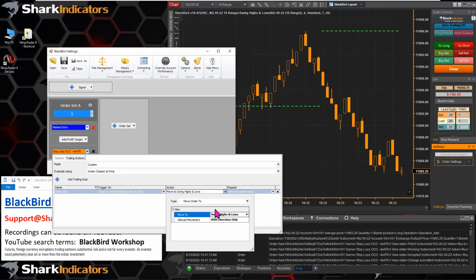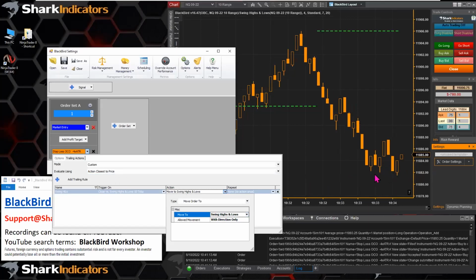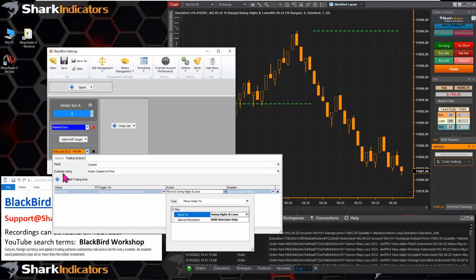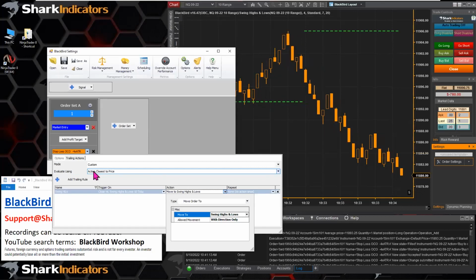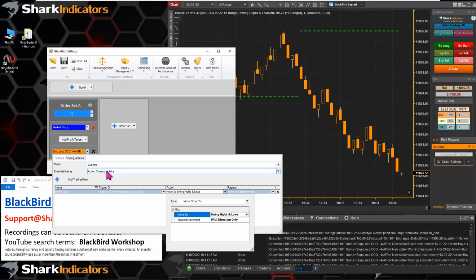But as soon as the swing indicator moves closer to where the market's trading, then the swing indicator is closer, and so BlackBird's going to say, okay, my directive is to keep moving that stop loss closer to the market.